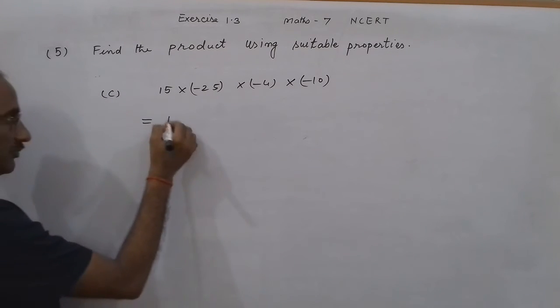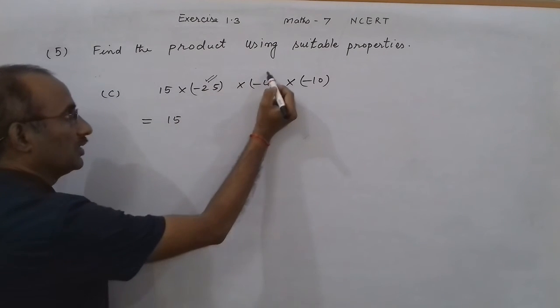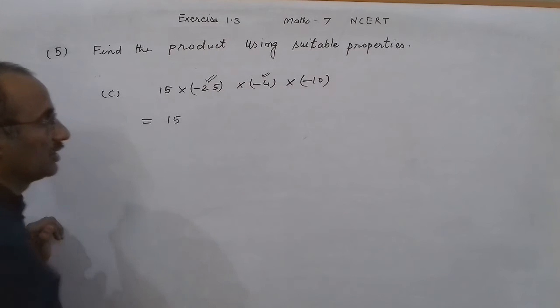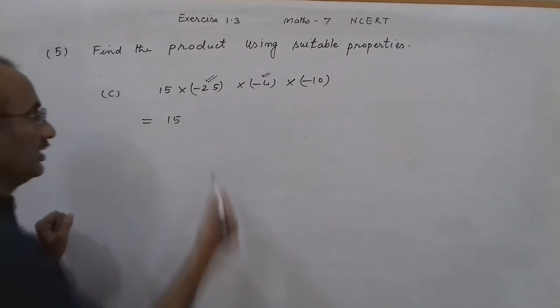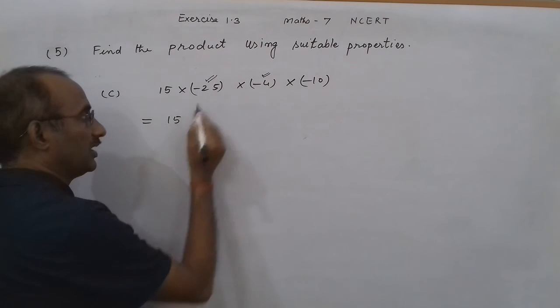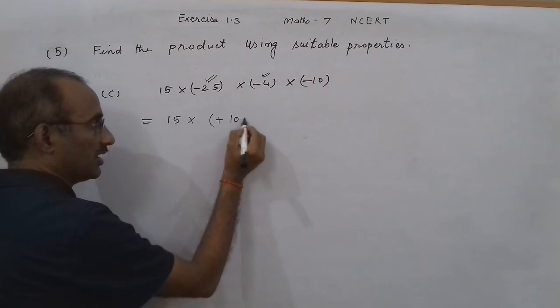You can see that the product of minus 25 with minus 4 is very easy because 25 times 4 is 100 and the product of two negative integers will be positive. So here we write plus 100.